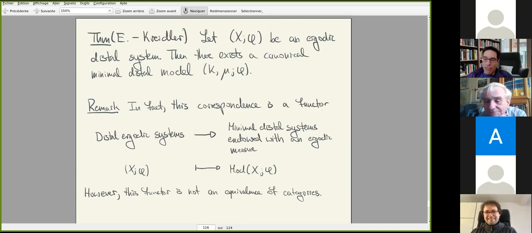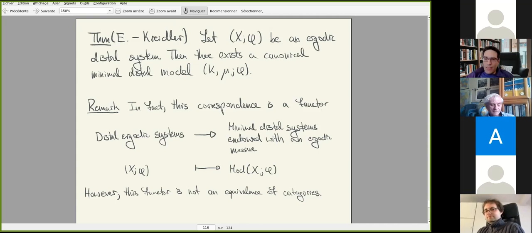The first question is, the paper of Lindenstrauss is, of course, about the impossibility to build in general the uniquely ergodic distal minimal model. And he gave a sufficient condition, which is that the groups are connected.